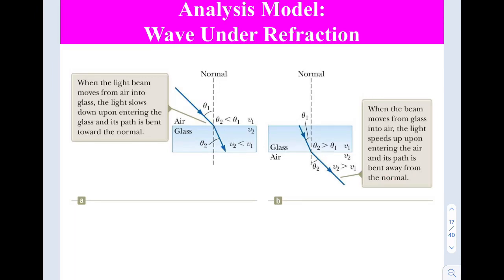And if we do some analysis, this is the incident ray. Actually, the emerged ray out of the glass is going to be parallel to the initial incident ray from the beginning.